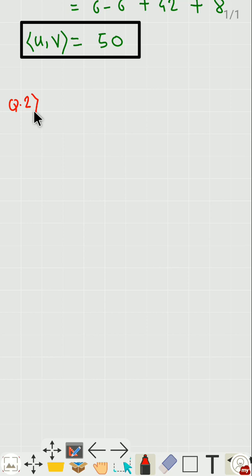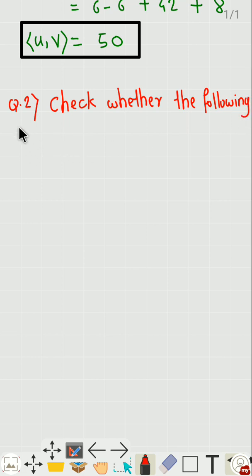Question 2 says: check whether the following vectors are orthogonal in R4. So the Euclidean inner product space R4 is given.